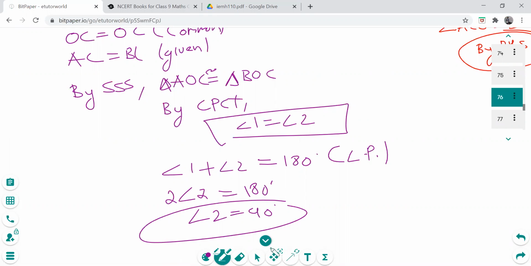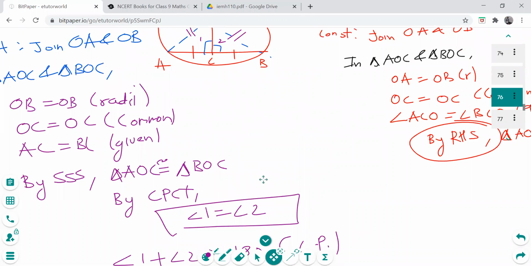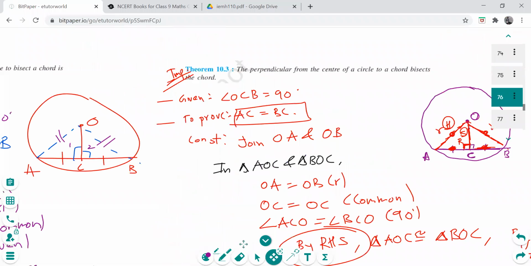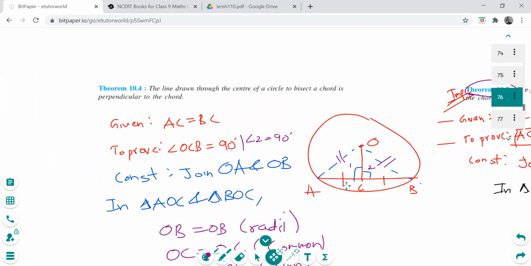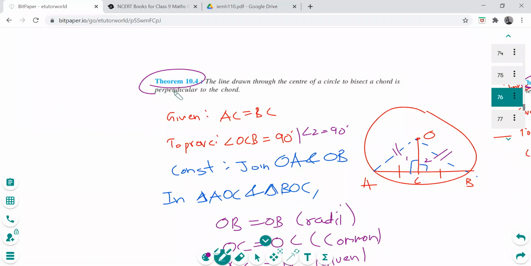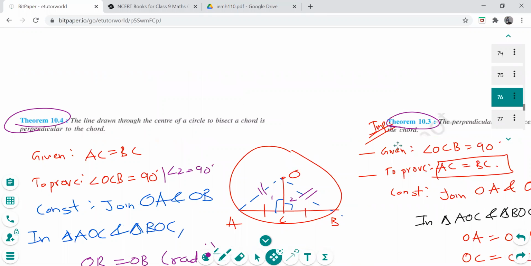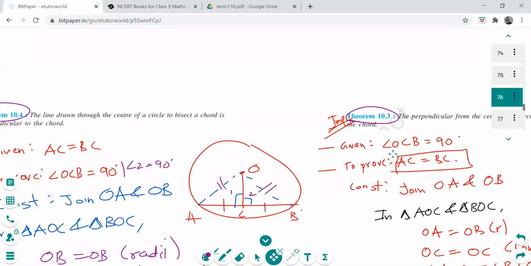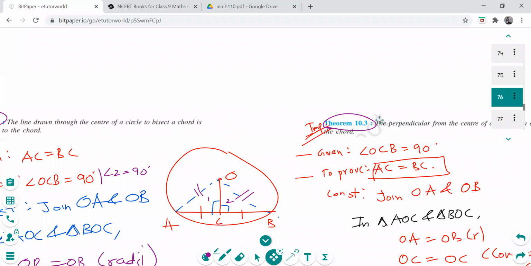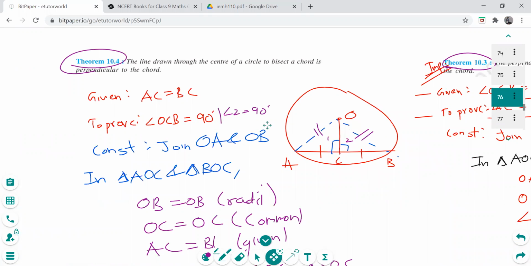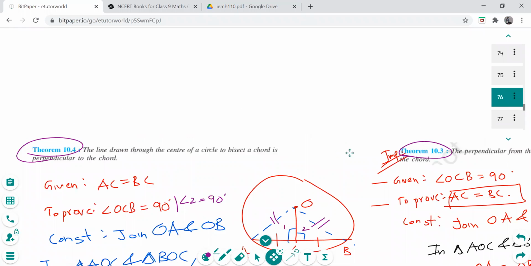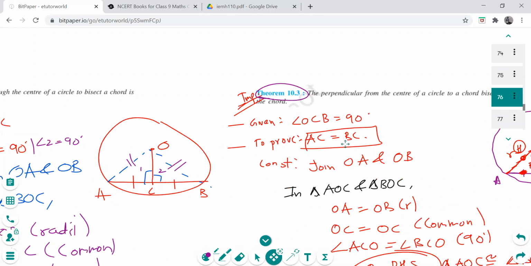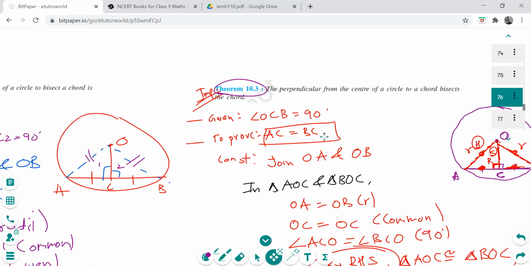I want you today only to take a white paper or a sheet and do theorem 10.3 and 10.4 on it, a fair work, okay? Because these two theorems are very important. They are a must for the exam. We will do the applications of them, how we use them in questions. But if we are able to prove them, that's really great, because most students won't do the proving part. They will just go to the statement and be done. And the syllabus mentions that you have to actually prove these things.